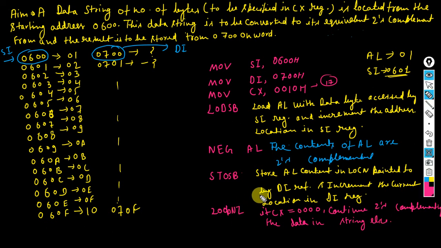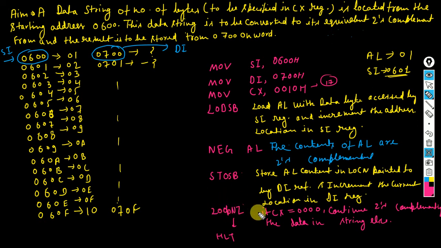Means LOOP NZ checks the value of CX register up to CX value is 0. When CX value is 0, it stops the loop and moves to the next instruction, HLT.